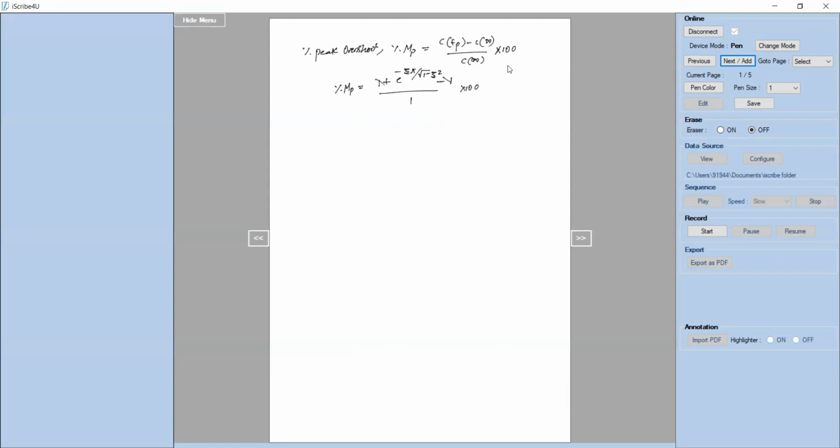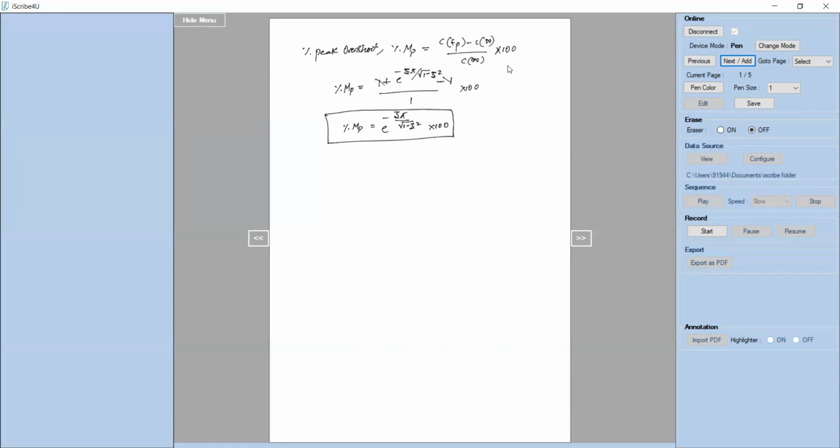So I'll now have percentage Mp equal to e power minus zeta pi divided by square root of 1 minus zeta square, into 100. This is the equation for peak overshoot.